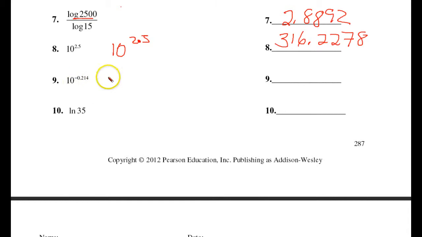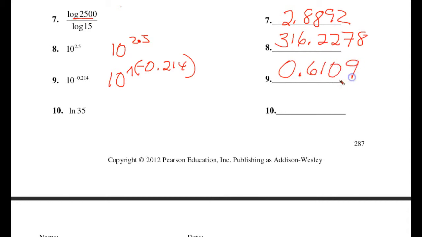And again, you're going to go 10 caret, and you can put in parentheses if you like, negative 0.214, and that will give you 0.6109.